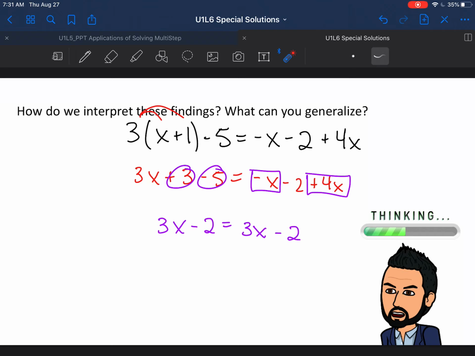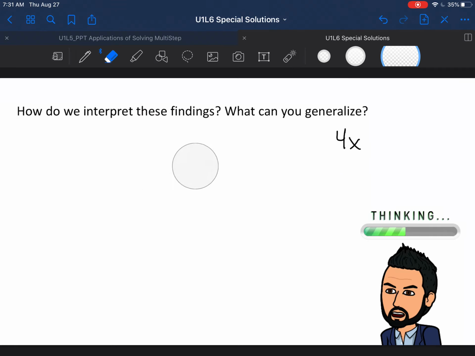So, no matter what x value we substitute, we're always going to get a true statement. This is what we call an identity. When an equation is simplified and both the left side and the right side are the same, we call this an identity. I'm going to go ahead and erase this part, and I'm going to write that out.